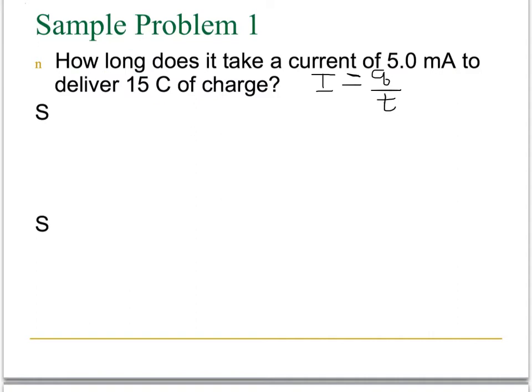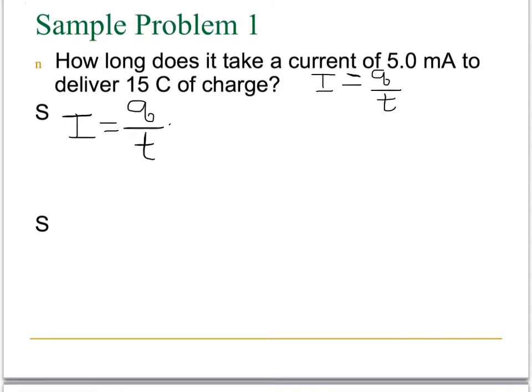Okay, now we need to solve our equation. We can do this one of two ways. The first way is we can rearrange our equation first. We have I equals Q divided by T. We know we're solving for T. Right now T is on the bottom of the fraction, which doesn't work very well for us.